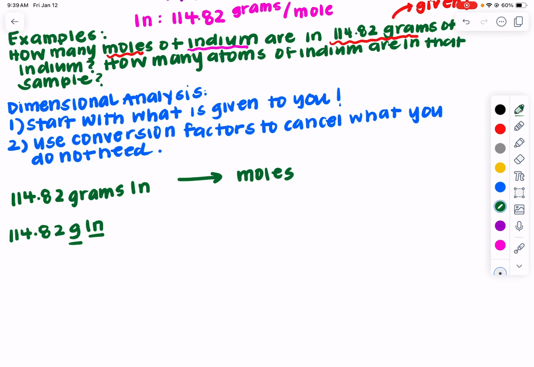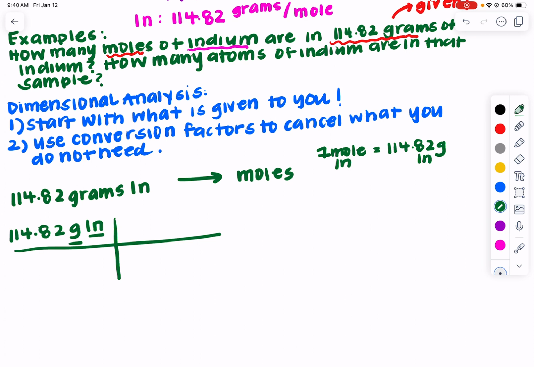Now we want to set up, I call them boxes, our conversion factor. And we know that 1 mole of indium equals 114.82 grams of indium.